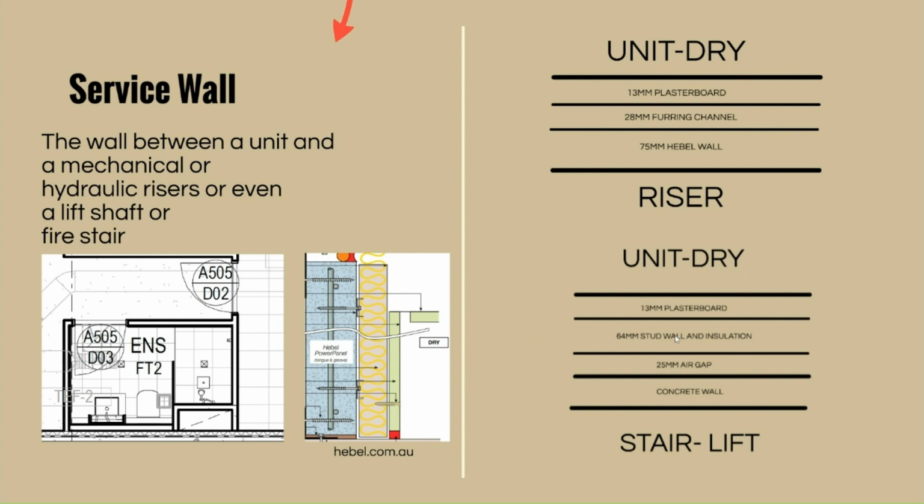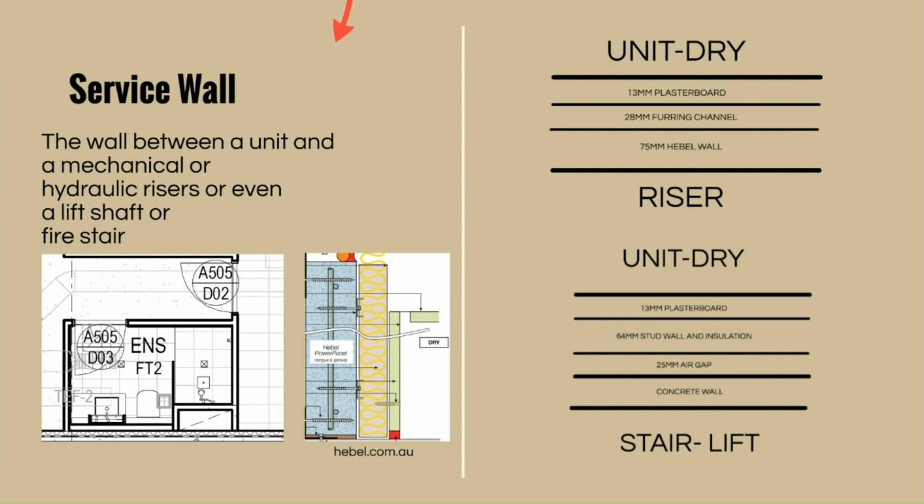If that one is between a unit, for example, and the fire stair or lift, then we need an additional layer, which would be an air gap, 25 millimeters air gap, to absorb the vibration coming from the lift or from the staircase.